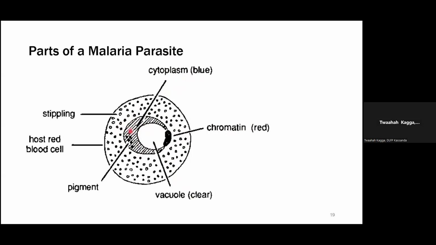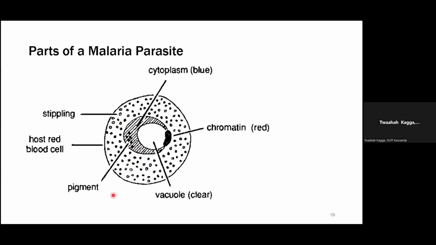Then inside the parasite cytoplasm, there is some golden yellow or golden brown color. That color is for pigment, malaria pigment, that is produced by digestion of hemoglobin by this blood cell.